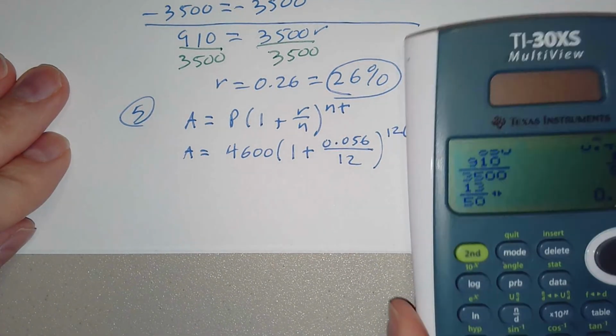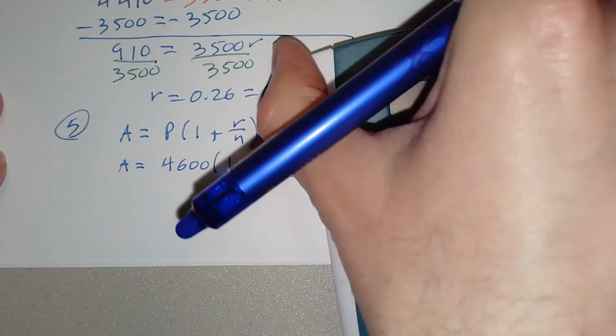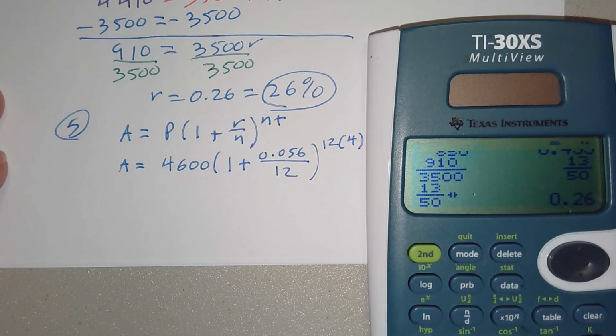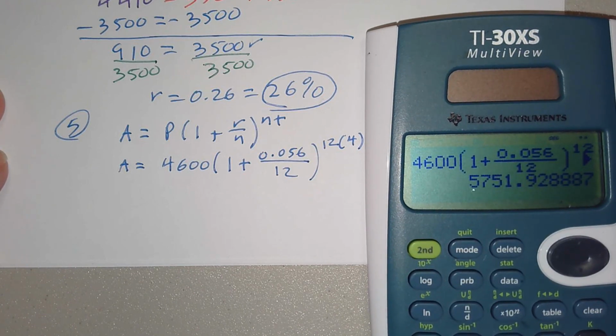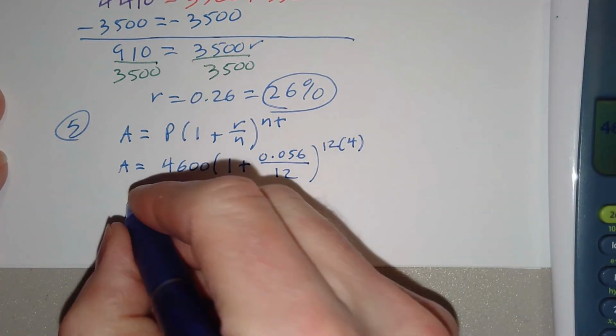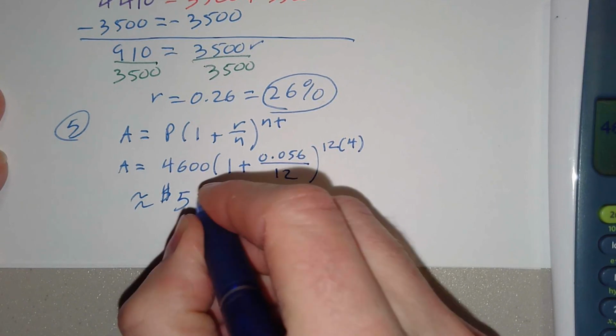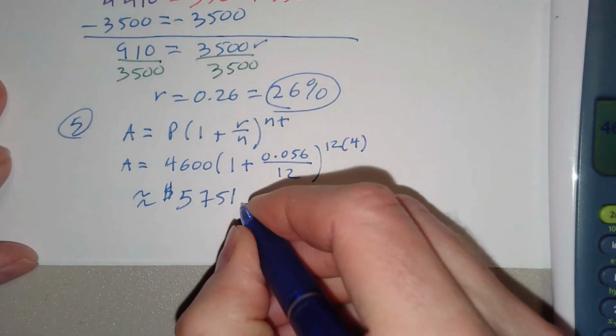And now we're just going to plug that into our calculator, and then hit enter. And rounding it off to the nearest cent, we'll get $5,751.93.